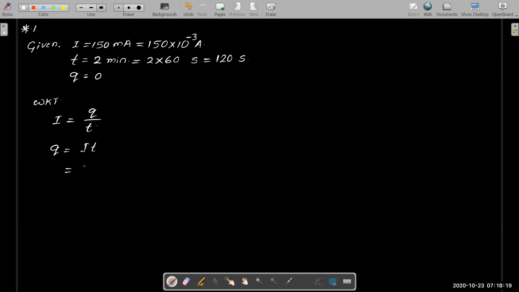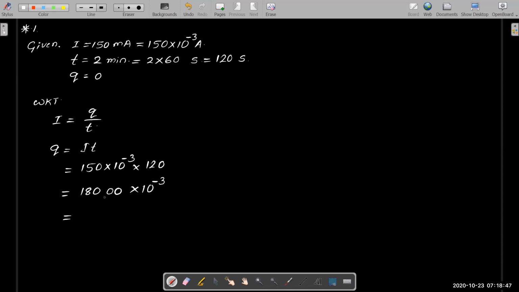Then substitute the values. I is 150 milliampere, that is 150 into 10 raised to minus 3. Time is 120 seconds. Now just multiply 15 and 12. 15 tens are 150 and 30, 180. Yes, 180, and then 2 more zeros, into 10 raised to minus 3.